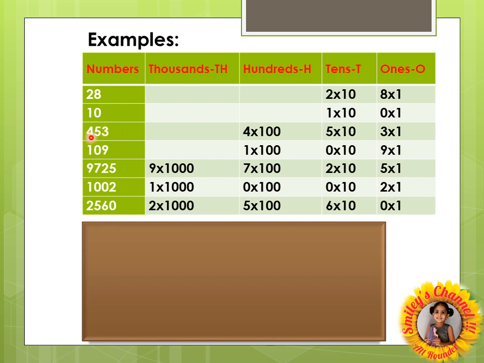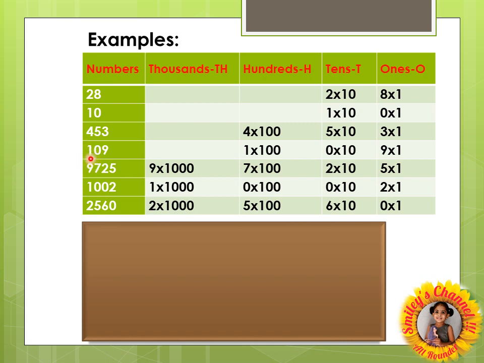So we'll just see 453. Ones place, tens place and hundreds place. So 4 is in hundreds place, so 4 into 100. 5 is in tens place, so 5 into 10. 3 is in ones place, so 3 into 1. Again, we have 0 here in between. What to do? The same thing you need to follow. In the same way you need to write, children.